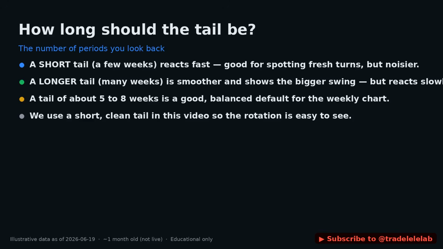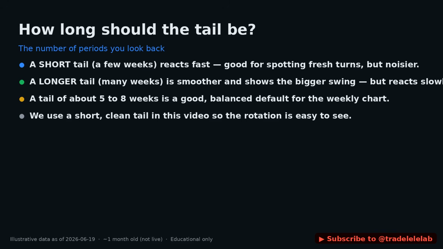A practical setting you control is the length of the tail, that is, how many past periods you draw behind each dot. A short tail, of just a few weeks, reacts quickly. It is great for spotting a fresh turn early, but it can also be noisy, jumping around on small wiggles. A longer tail, of many weeks, is much smoother.